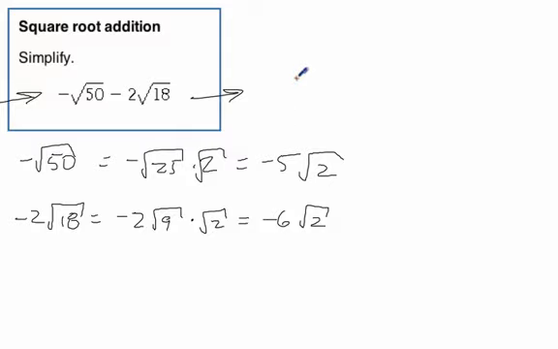Combining these together, negative 5 radical 2 minus 6 radical 2, those are like terms, and remember, we can do our bump bump. That gives us negative 11 radical 2.